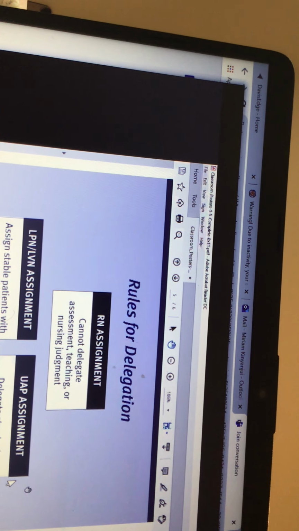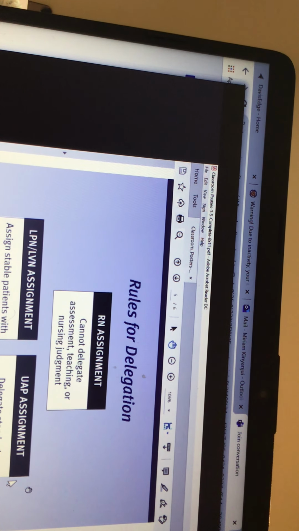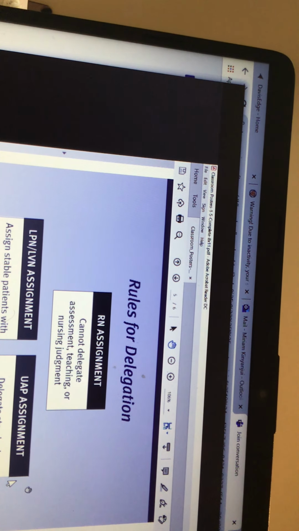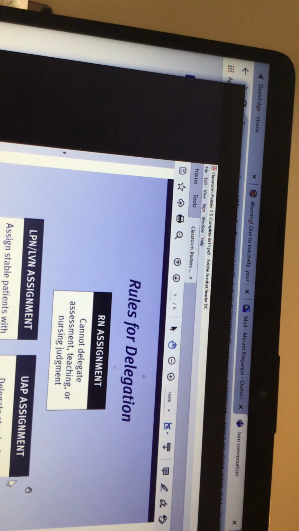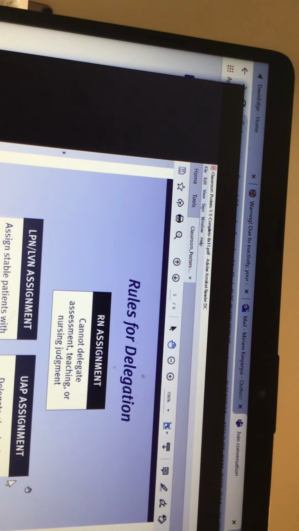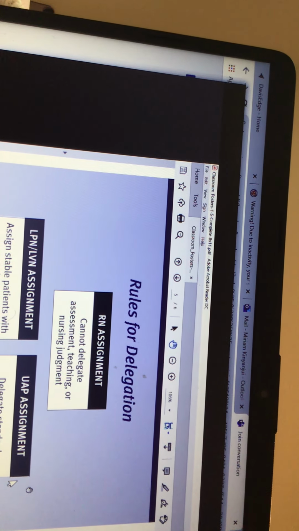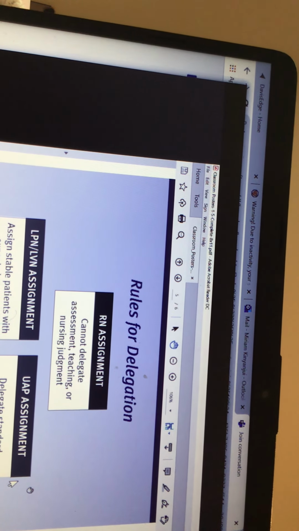Now, with delegation, if you remember that the RN is the only one that can assess, that can teach, and can use nursing judgment. Now, the LPN can gather data, but she doesn't assess. If she's hooking a syringe onto a catheter and pulling back to see if it irrigates, that's assessing.